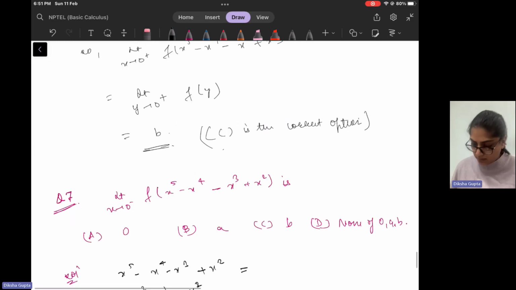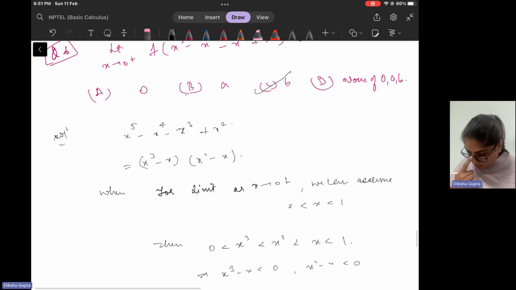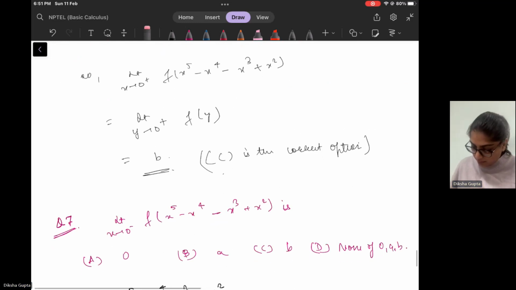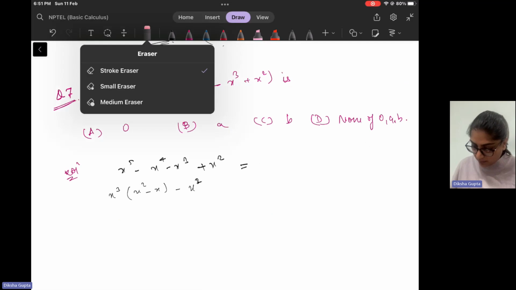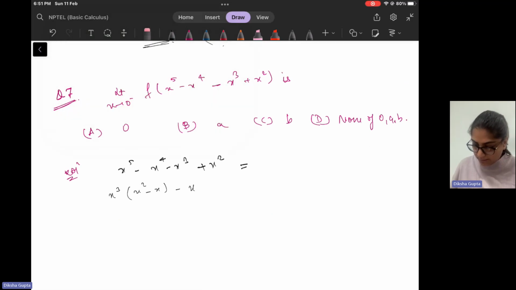Have I done the factorization wrong here? x^5 minus x^4 minus x^3. No, it's correct. So I just have to take x common here. So when I take x common, it will be x cube minus x square minus x, right?